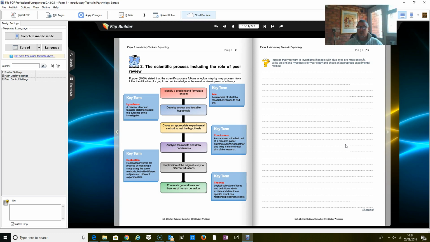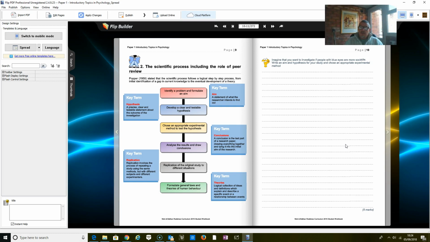Again, you'll come across the term hypothesis many times within the course, and you will have to be able to formulate an appropriate hypothesis as part of some of the questions on the exam papers. So a hypothesis is a precise, clear and testable statement about the outcome of an investigation. Precise, clear and testable is obviously the key factors in any statement you're going to make.